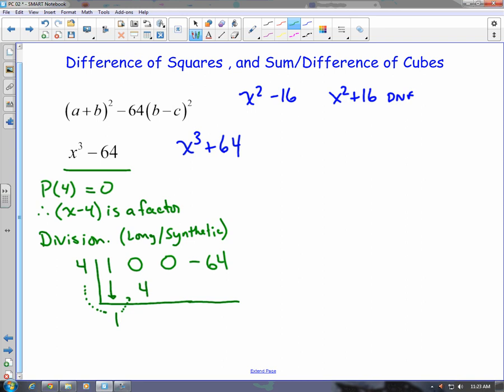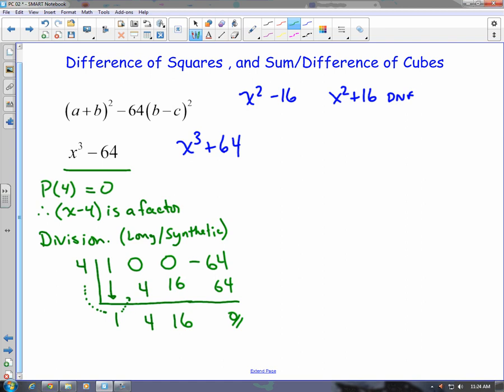Here's where the two versions differ. Because I'm using the root, I'm adding. So 0 plus 4 is 4. Then I repeat. 4 times 4 is 16. 0 plus 16 is 16. 4 times 16 is 64. Negative 64 plus 64 is 0. Good, I've got the 0 there.